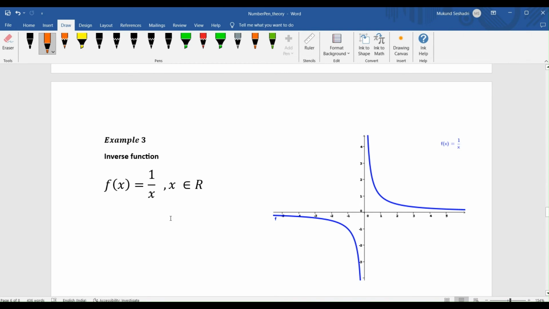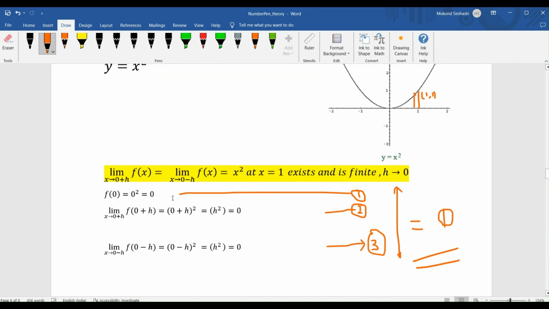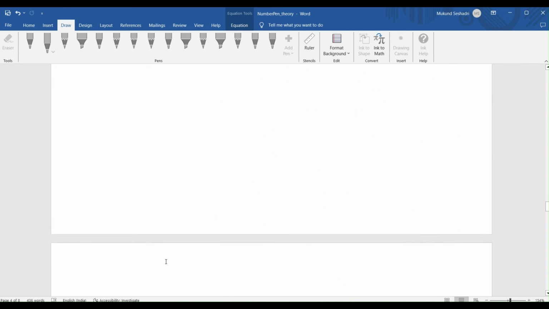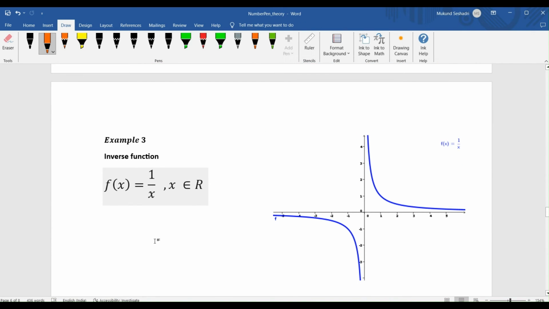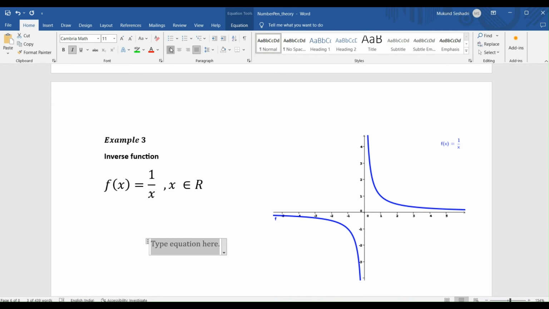Let's pick up f of 1. F of 1 is 1 by 1, which is quite simple, so we have f of 1. Next, I have my limits, right?